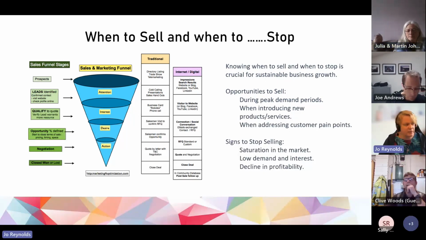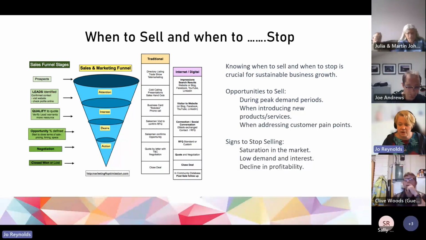So opportunities to sell are when you can address the customer's pain points as well. But it's also important to know when to stop. Okay, when to not flog that dead horse or not to even push that door open. And that could be things like saturation in the market, low demand or interest, or if actually what you're doing is not going to be profitable.